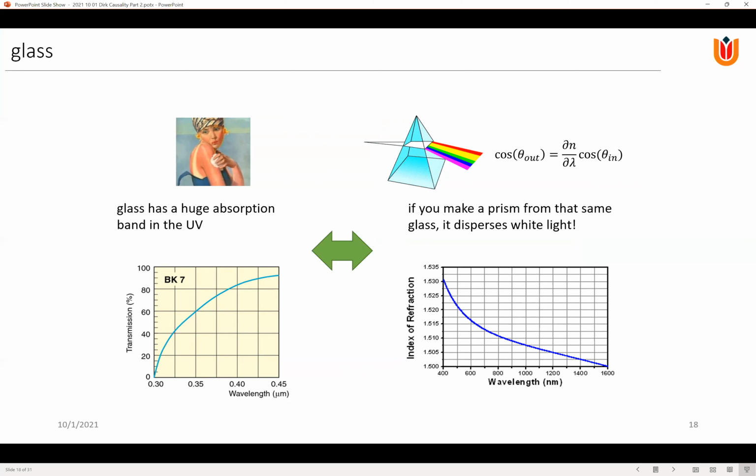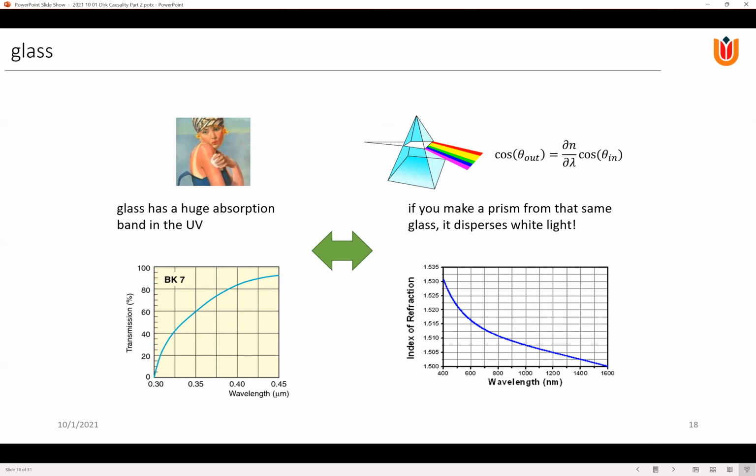If we look at BK7, which is a common type of glass, and look at the transmission of the glass as a function of wavelength, here it is in micrometers, so it's a little bit convoluted, but that is 300 nanometers. That is in the UV part.